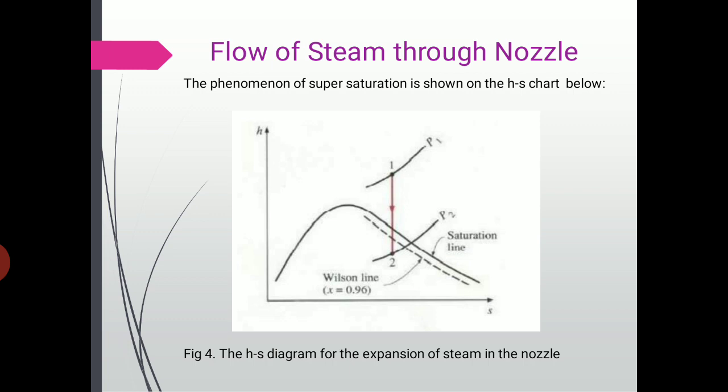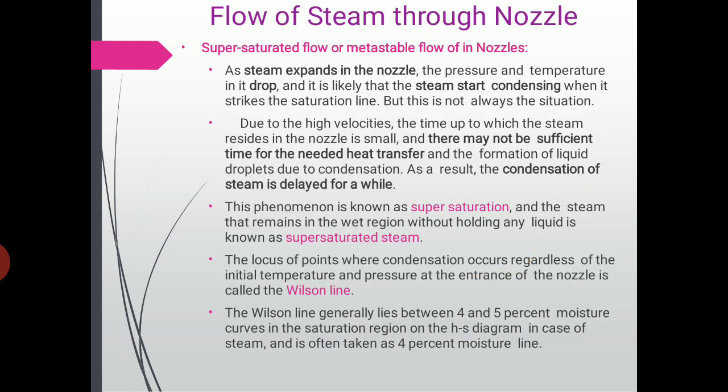Point 1 to 2 indicates the pressure falls from point 1 to point 2, because from the entrance there is high pressure, then at the throat the steam expands and the pressure drops. You can see the arrow mark also. So when the pressure falls from P1 to P2, what happens at that time?